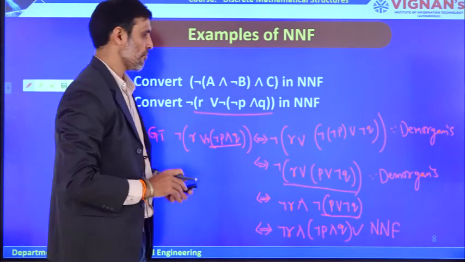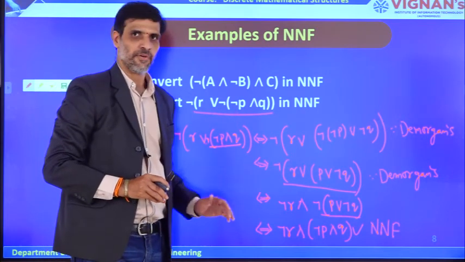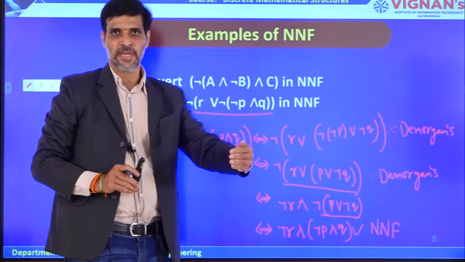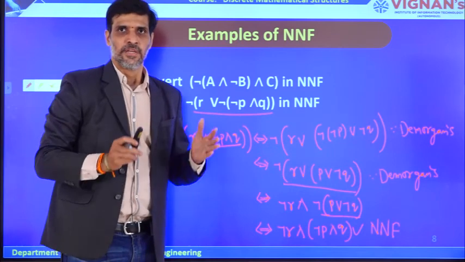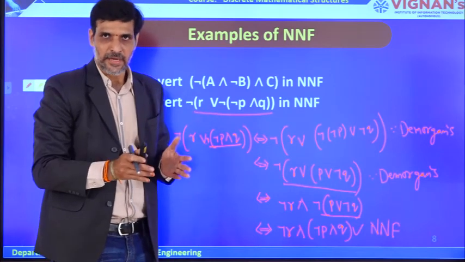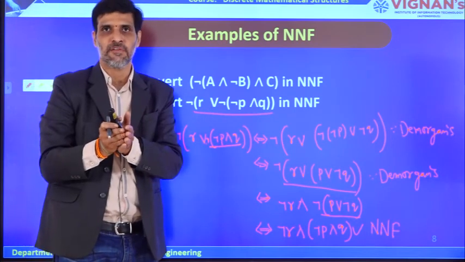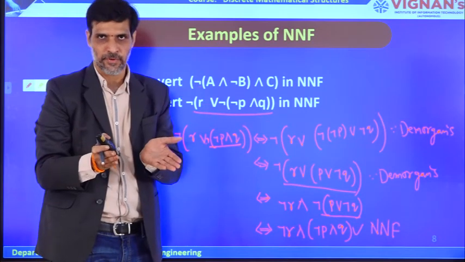This is how we can convert the given sentences into NNF. The basic definition of NNF tells us that whenever negation appears, that negation should appear in front of a propositional variable. It should not appear in front of a compound proposition.